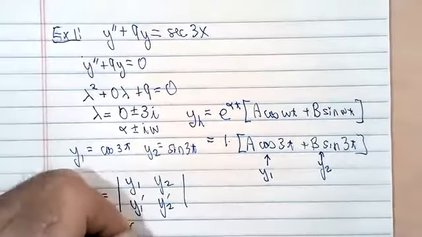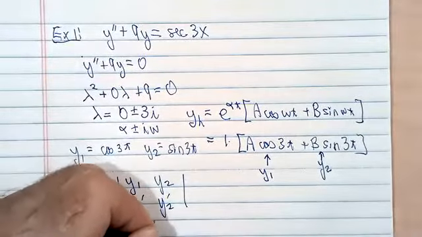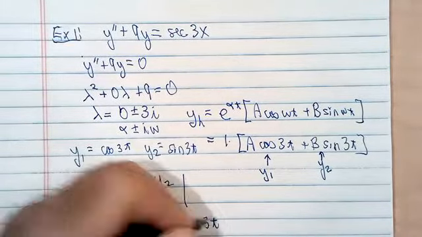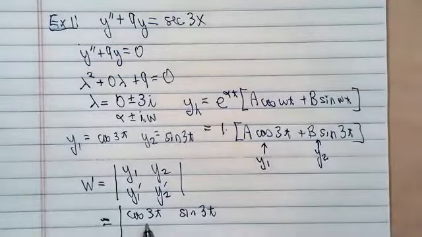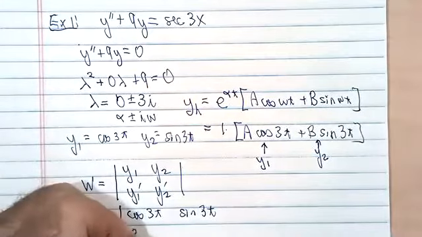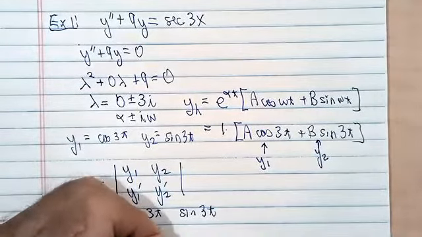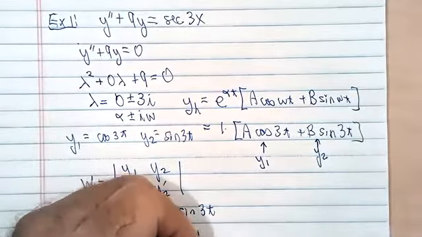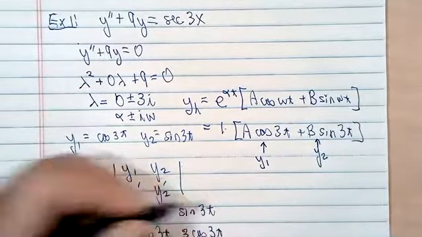Okay, so I've got cosine of 3t, sine of 3t. Then I take the derivative. The derivative of cosine is minus sine, minus 3 sine of 3t. Derivative of sine is cosine, that's 3 cosine of 3t.